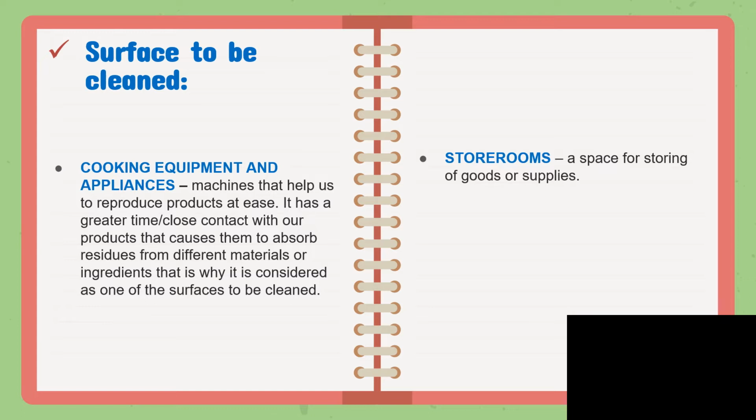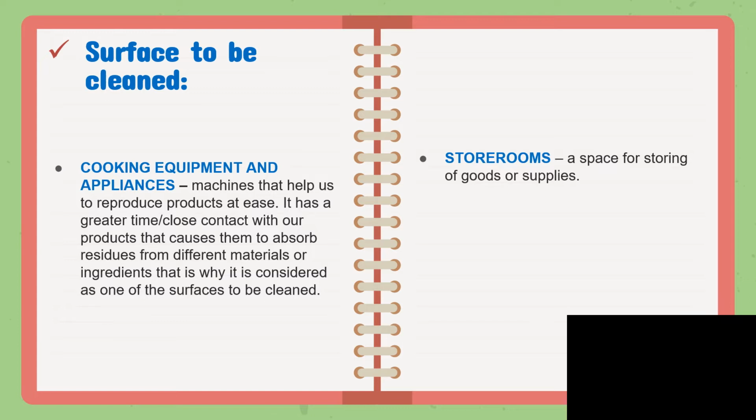So, they always make sure na malinis yon, sinasanitize nila yon, nililinis nila yon, kasi pwedeng makapasok yung daga or yung mga ipis, pwedeng kainin at sirain yung mga ingredients na nandoon sa loob.